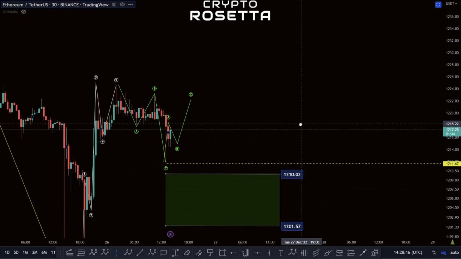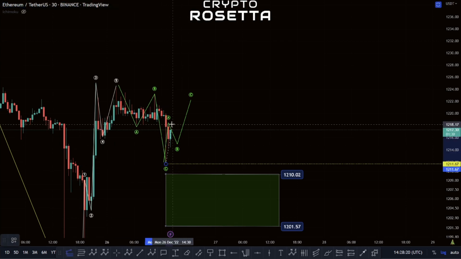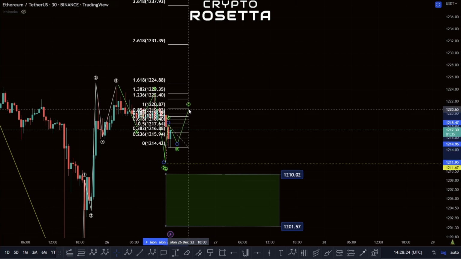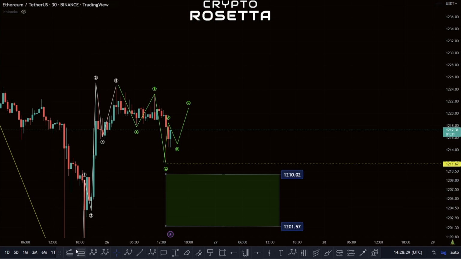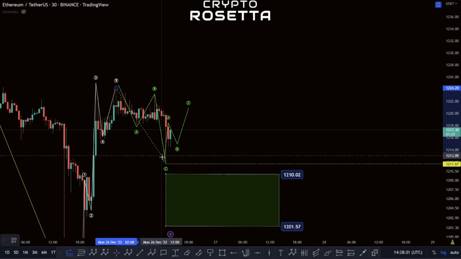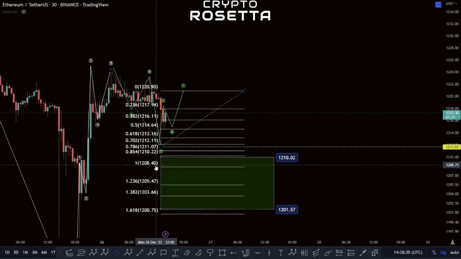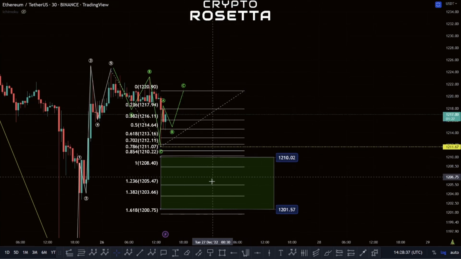Let me measure this A wave so far, but I think it would push us up quite high. So 1-to-1, this A wave would take us up to this 1220 zone, and then if we are still looking for further continuation to the downside, maybe from this zone we look for a move down to this 1208 region.